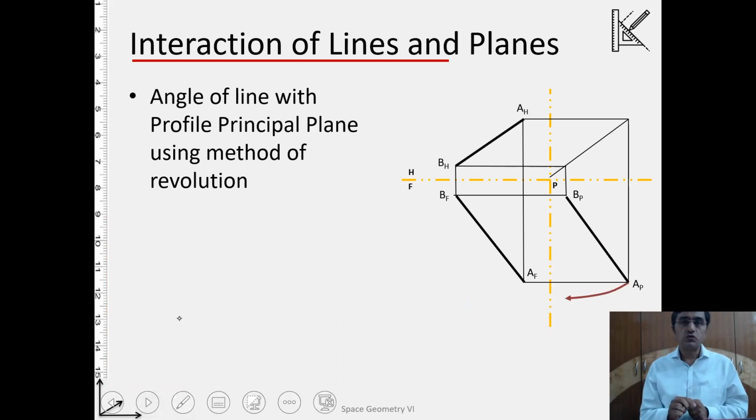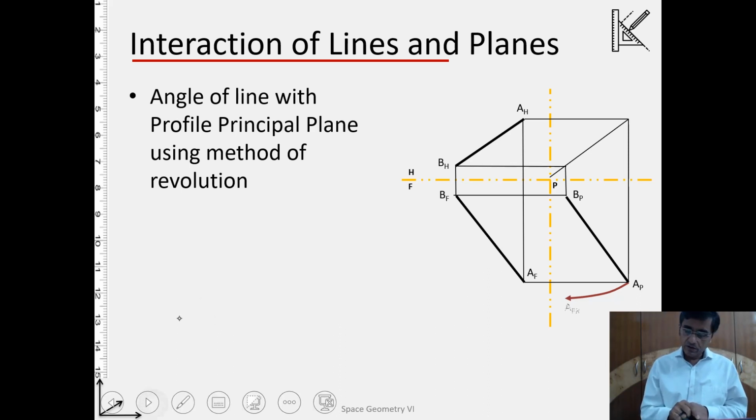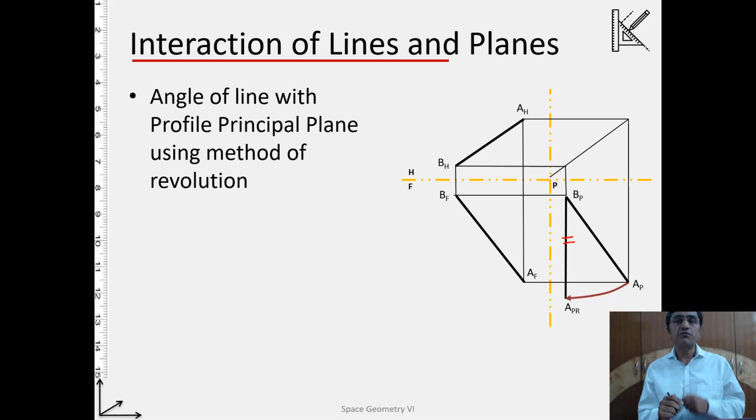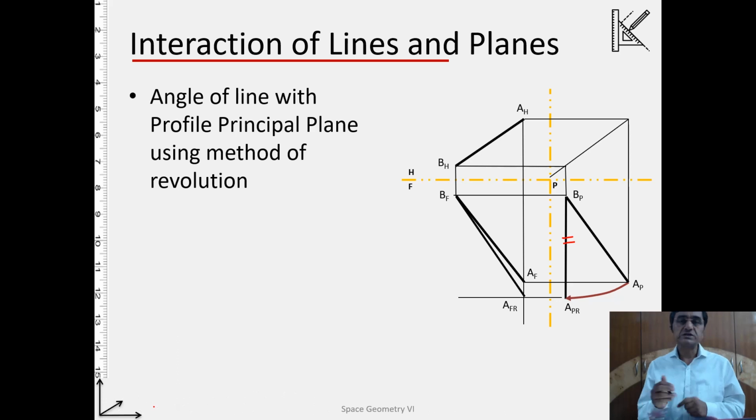Okay, so to do that, I'm rotating the line, again keeping the end B fixed and A rotating. In this case, you will notice the axis of rotation is perpendicular to the profile plane. Okay, it is perpendicular to the profile plane. So if I rotate it, I have made now the line parallel to the frontal plane, by rotation. So the corresponding projection of the line on the frontal can be also located now. So BF AFR is the projection of the line which is shown here.